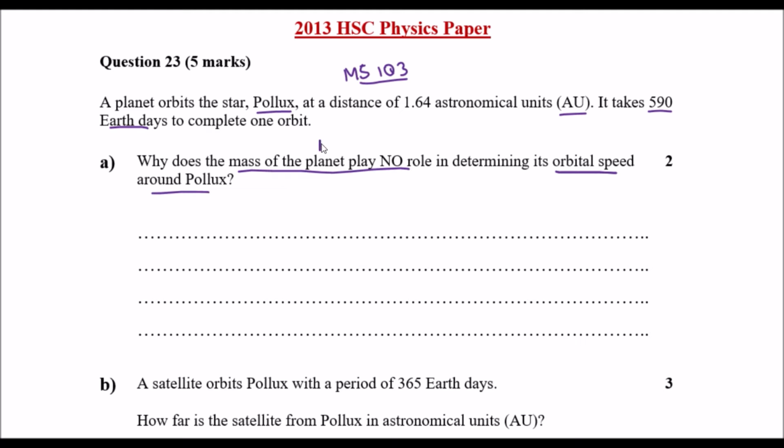So let's say the planet has a mass of m. The mass of our star is big M. The reason why an object has orbital speed is because of a centripetal force caused by the gravitational force of attraction, right?